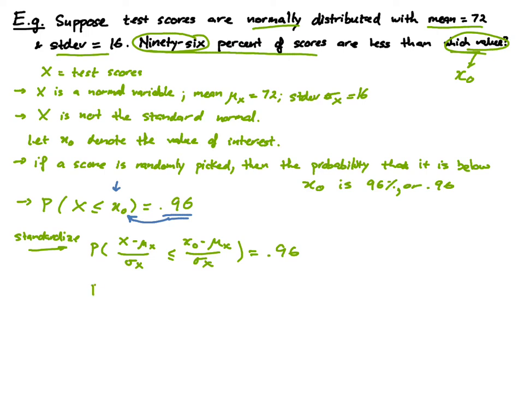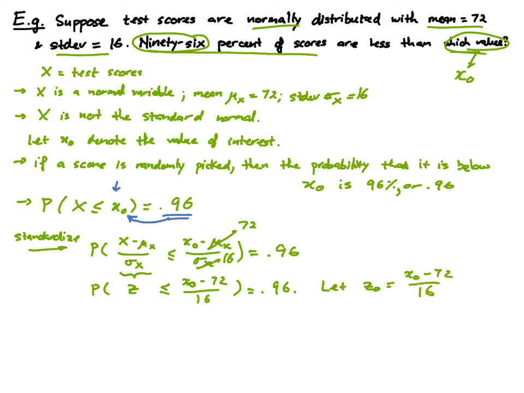So here X minus mu X divided by sigma X gives us Z. And then we know that mu X is 72, and sigma X is 16. So we have X sub 0 minus 72 divided by 16 is equal to 0.96. Let me use z sub 0 to denote X sub 0 minus 72 over 16.